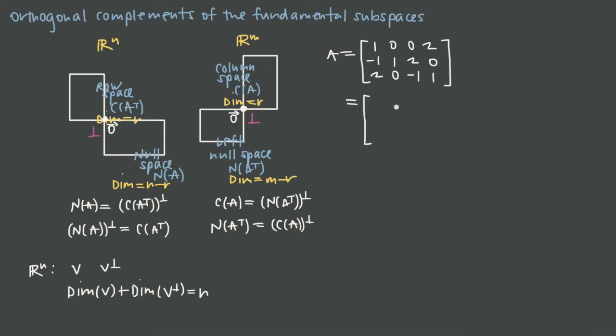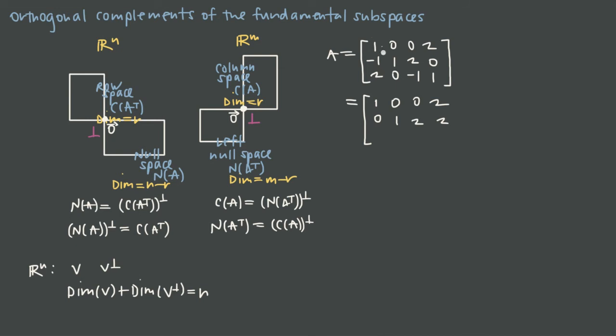We'll do that first by keeping our first row, 1, 0, 0, 2. We'll add the first and second rows together to replace the second row. So we'll get 1 plus a -1 is 0, 0 plus 1 is 1, 0 and 2 is 2, 2 and 0 is 2. And then for the third row, we'll take away 2 of the first row from the third row.